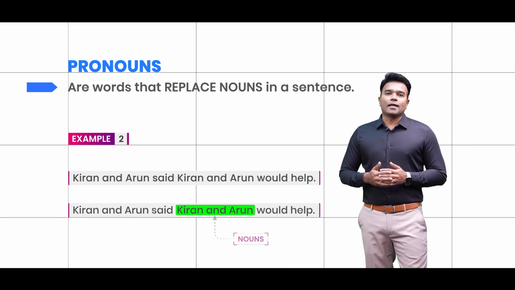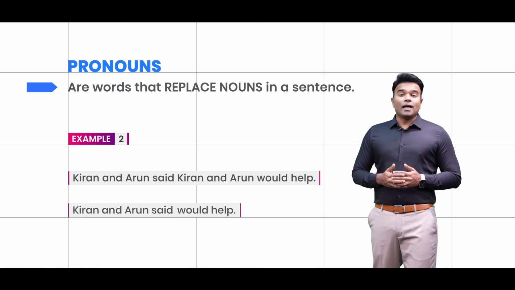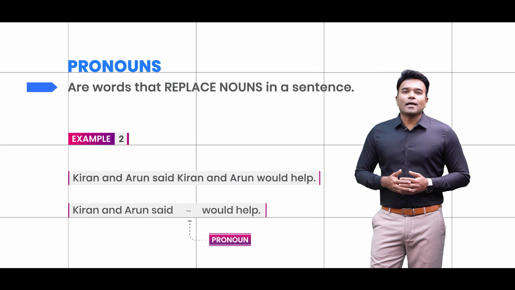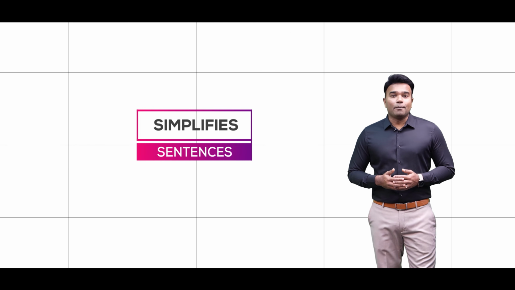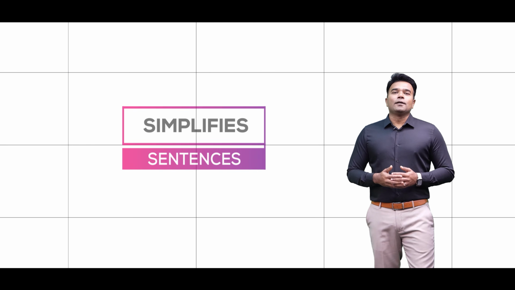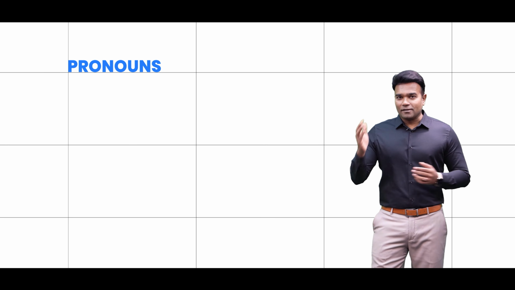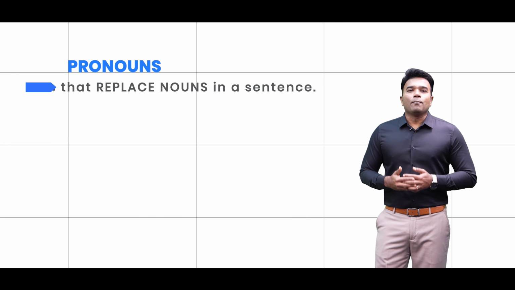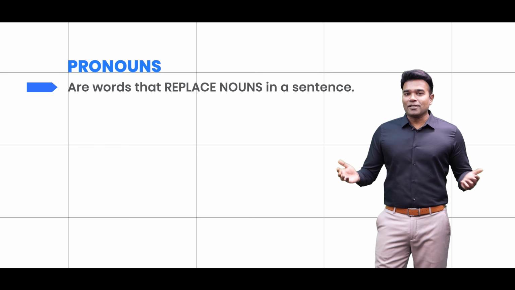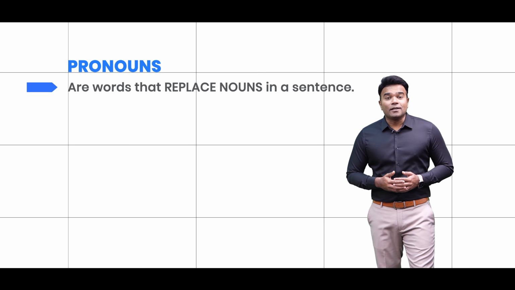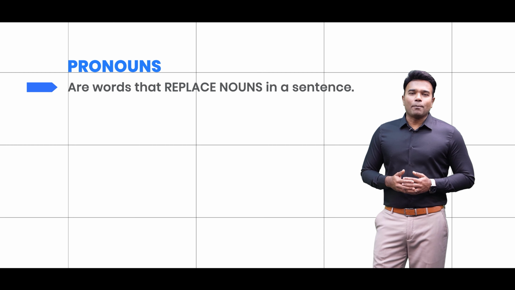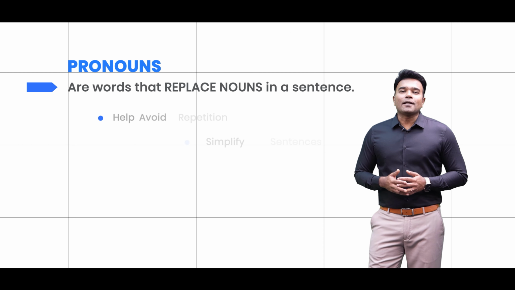In this case, Arun and Kiran have again been replaced with the pronoun they, which is not only helping in avoiding repetition but is also enabling the simplification of sentences. So all said and done, I am sure you can now understand the definition of pronouns: pronouns are such words that replace the nouns present in a sentence. But the larger role played by pronouns in English sentences is this.